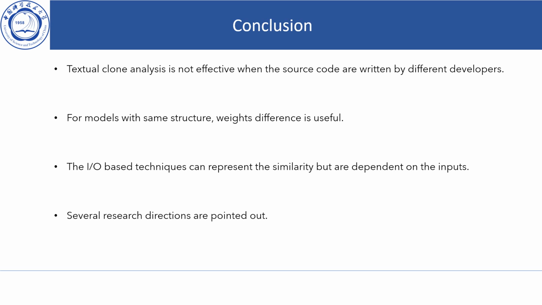And for the models with the same structure, which difference is useful? And in the end, the input-output based techniques can represent the similarity, but are very dependent on the inputs. And besides that, several research directions are pointed out.